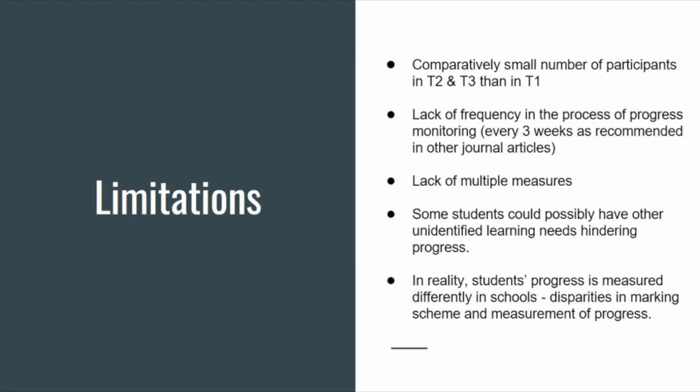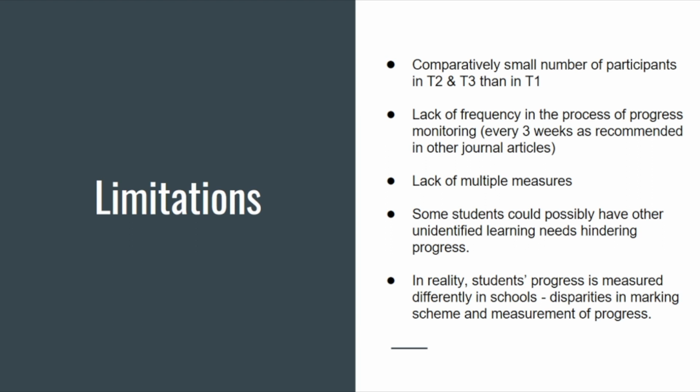Of course, our research has limitations. If you have observed, there's a comparatively smaller number of participants in term 2 and term 3, 8 each, as compared to term 1, 80 participants. And there is also a lack of frequency in the way we administered the entry and exit test.